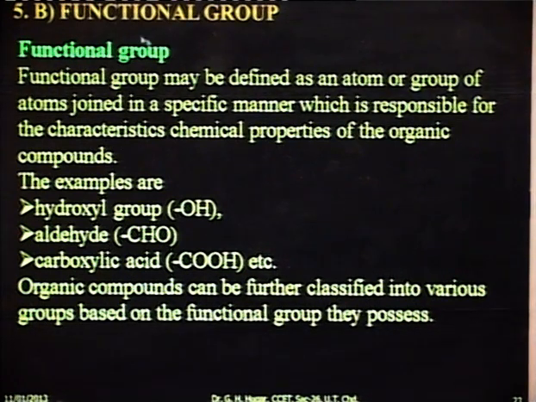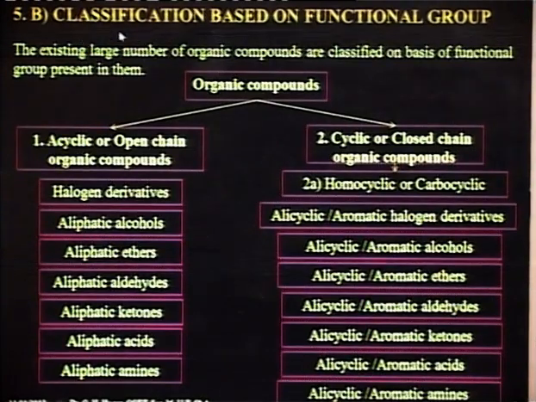So, we were supposed to consider the classification of organic compounds based on the functional groups. So, classification of organic compounds, again these are open chain, closed chain, and in this I can call them halogen derivatives, aliphatic alcohols, ethers, aldehydes, ketones, acids, amines, there are huge numbers.